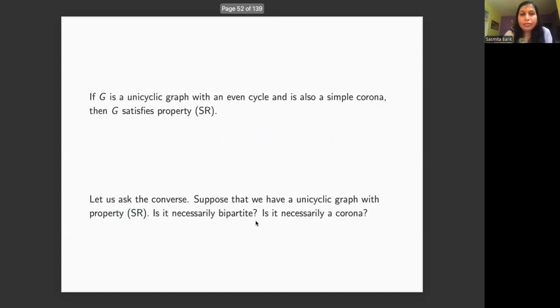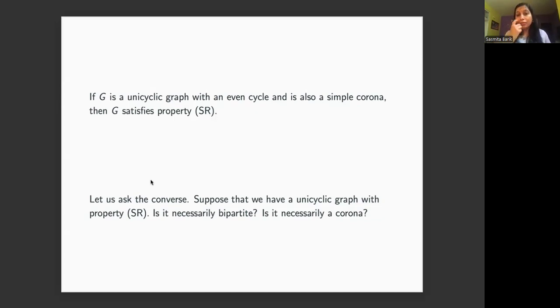So here, when we observed, the questions are: if G is a unicyclic graph with an even cycle and it's a corona, then it will obviously satisfy property SR by our past result. Okay. So if you take a bipartite graph, that means I am taking an even cycle, so bipartite and a corona, it will satisfy property SR as well.